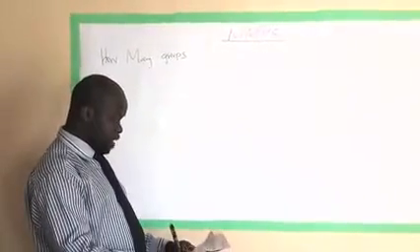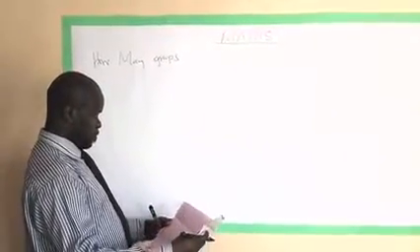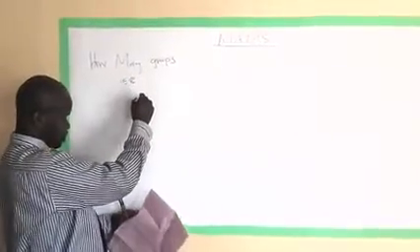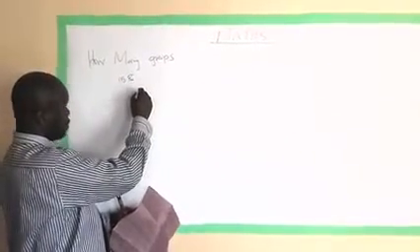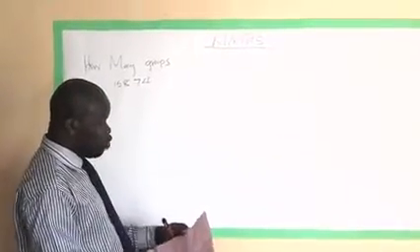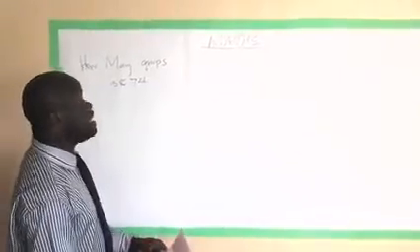Now they give you a number. For example, they give you a very big number. For example, this number. Now they are asking how many groups of 10 are present in the value of digit 5.